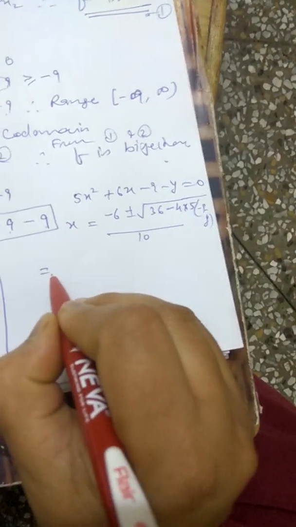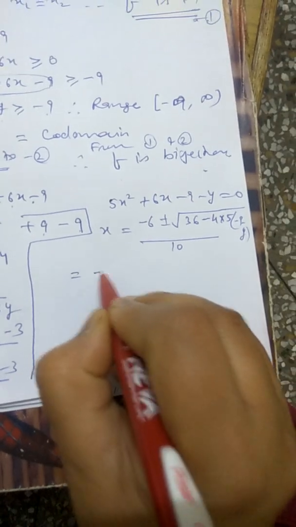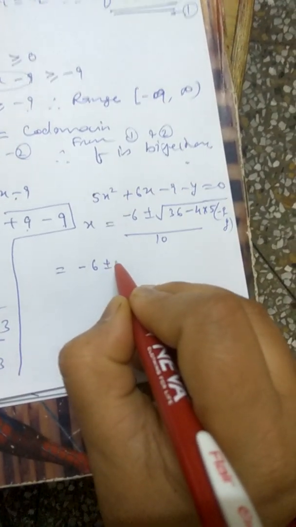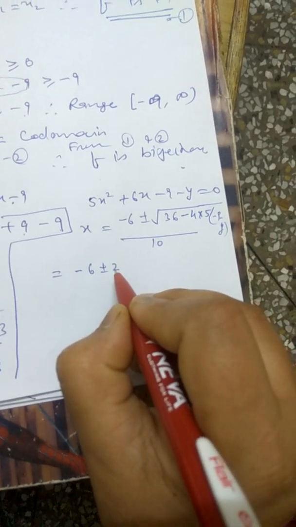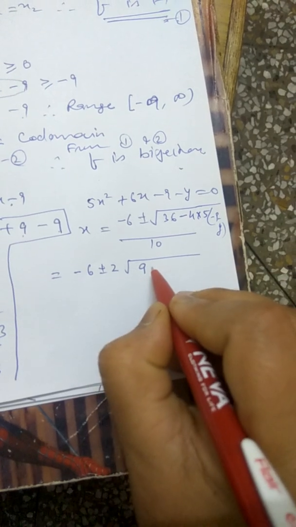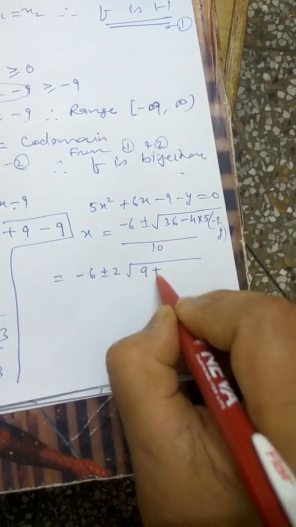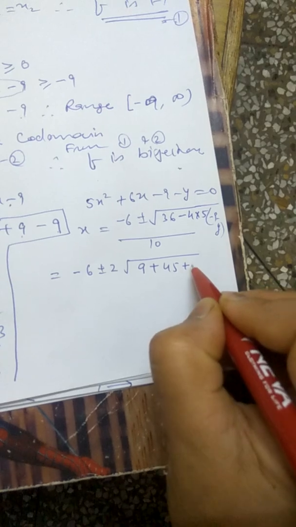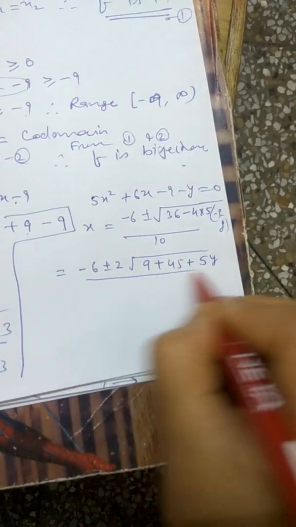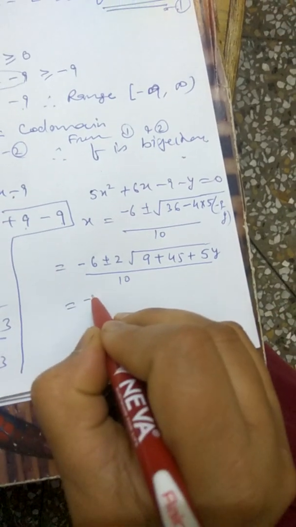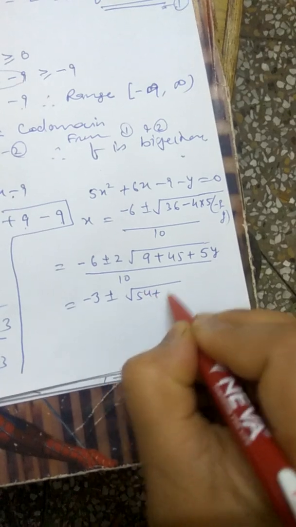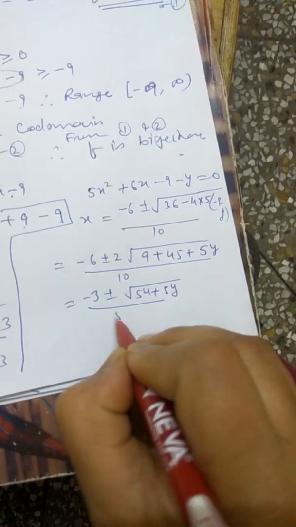That means x = (-6 ± 2√(9 + 45 + 5y))/10, which gives x = (-3 ± √(54 + 5y))/5.